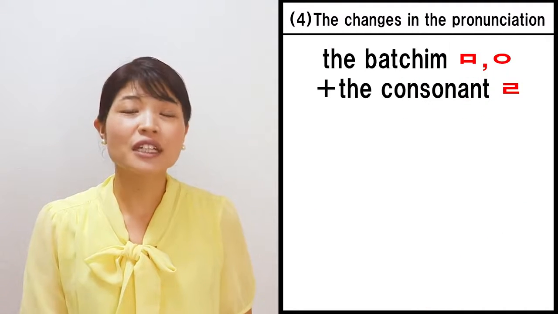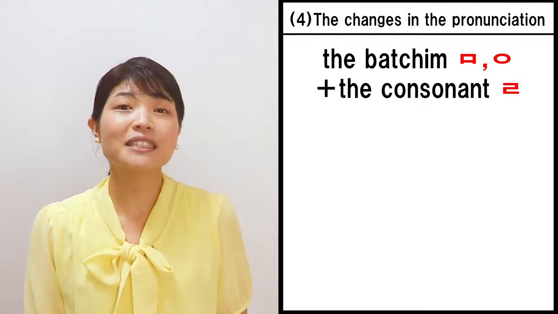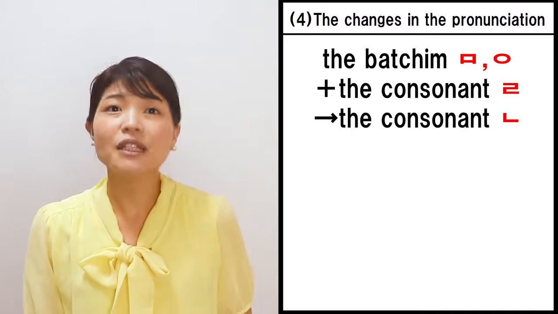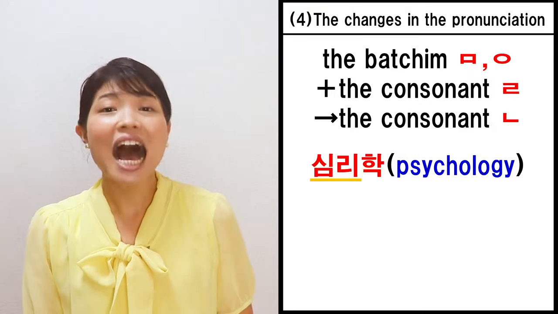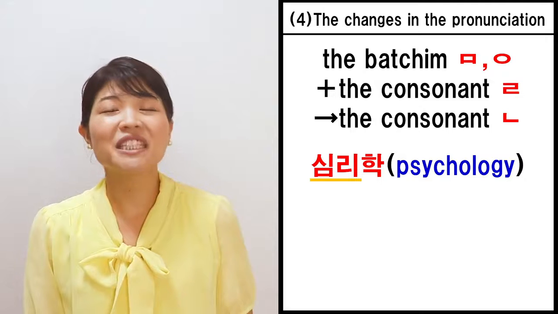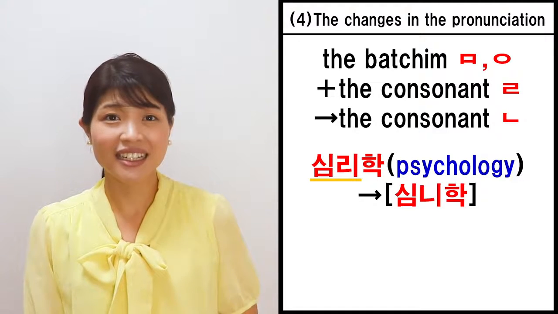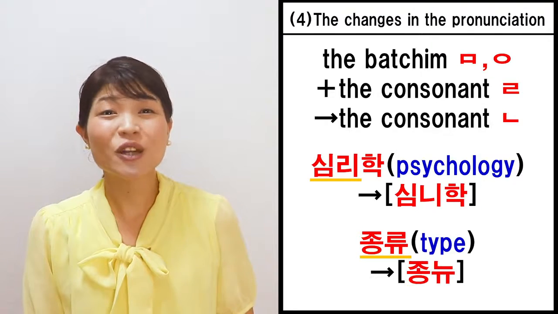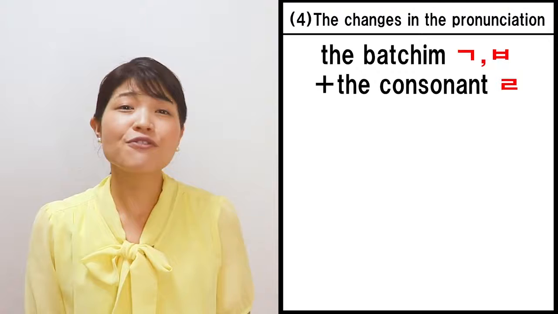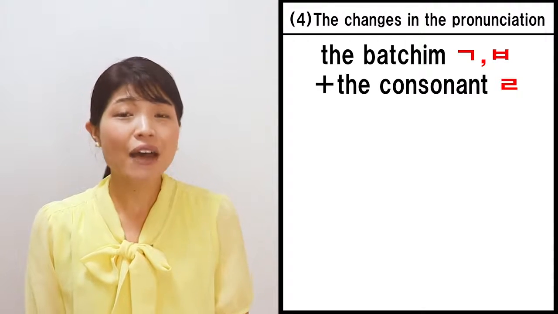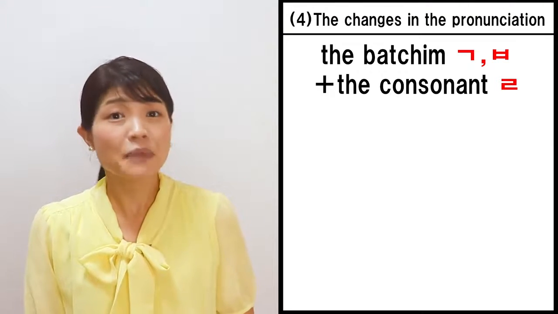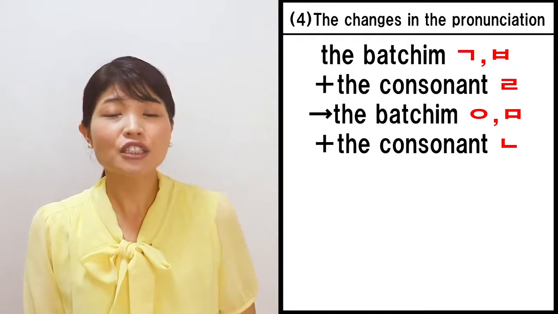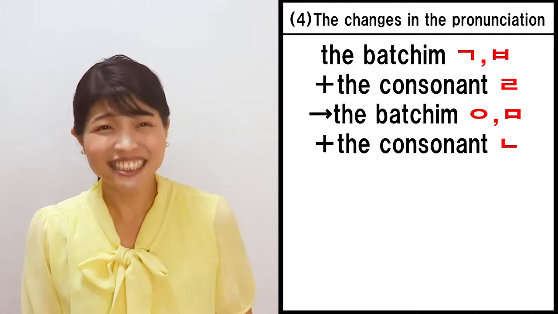In addition, if the consonant 리을 comes after the 받침 미음 or 이응, 리을 will become 니은. For example, 심리학, psychology, and 종류, type. In addition, if the consonant 리을 follows after the 받침 of 기읒 and 피읍, the 받침 will become 이응 and 미음, and the consonant 리을 will become 니은.